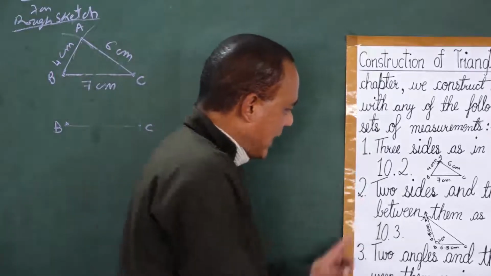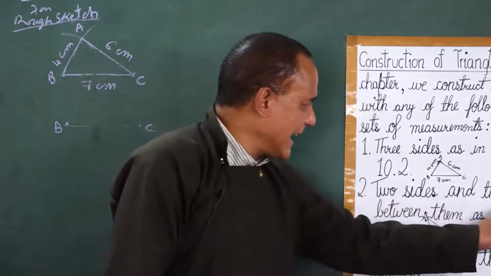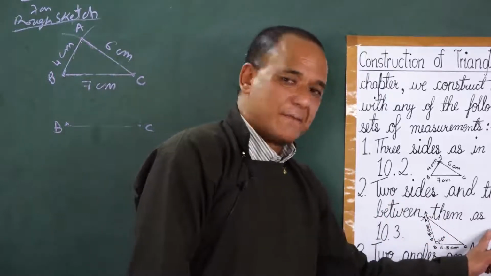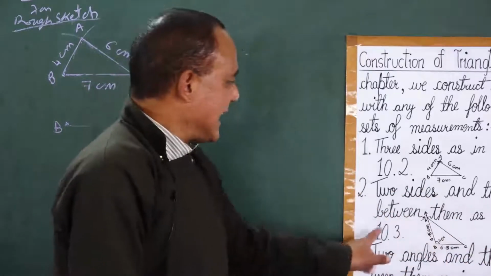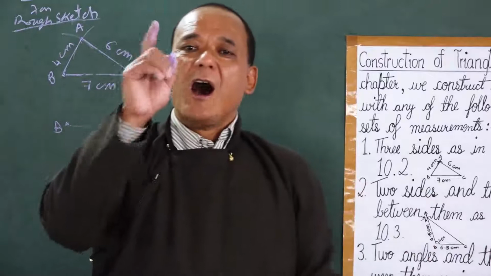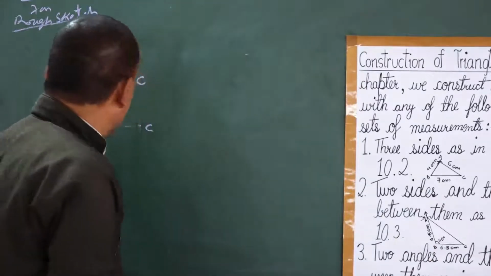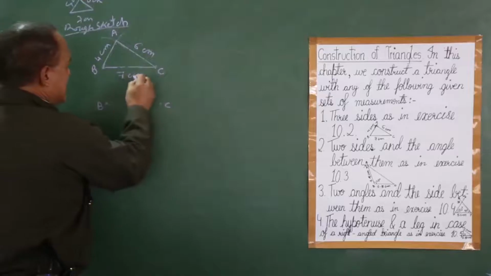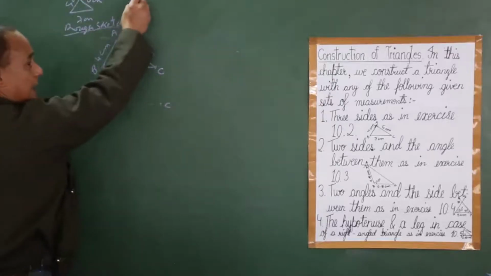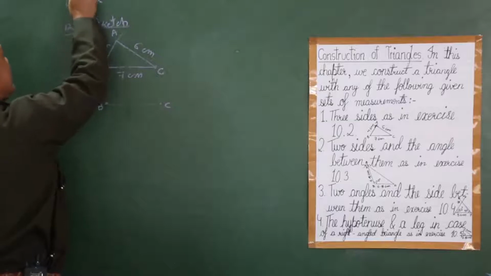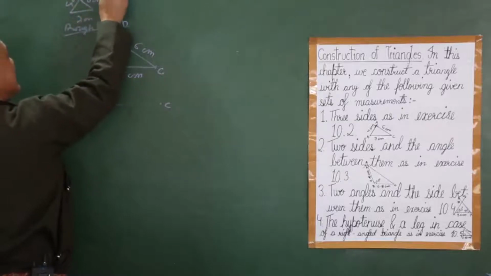See, for example, now we have 2 sides and the angle between them. So this exercise 10.3 will tell you all about 2 sides and the angle between them. This is all about 3 sides, number 1.